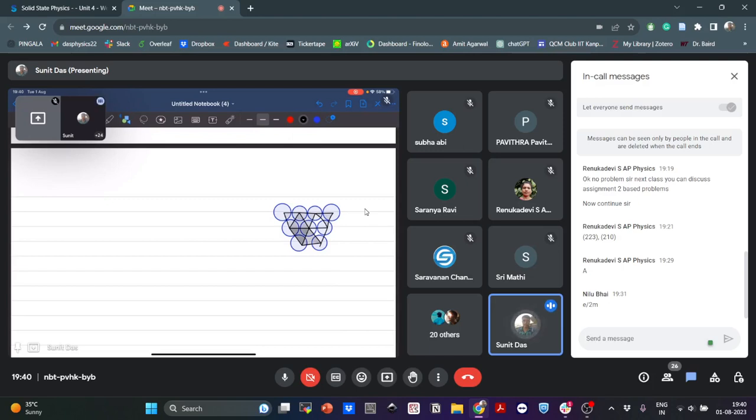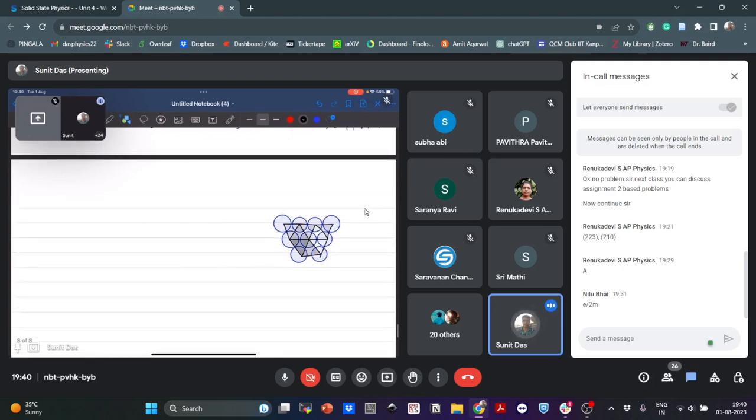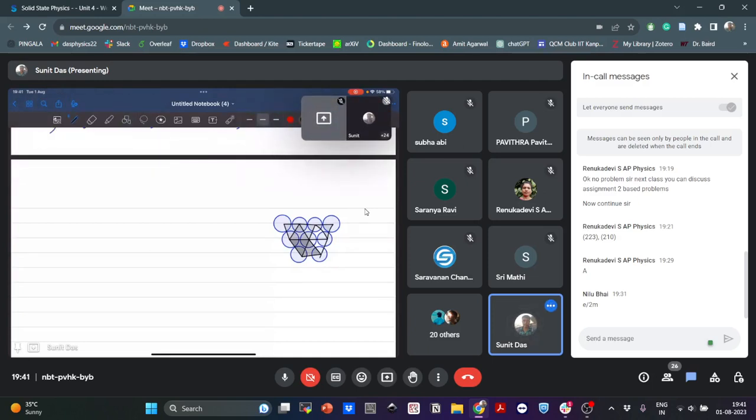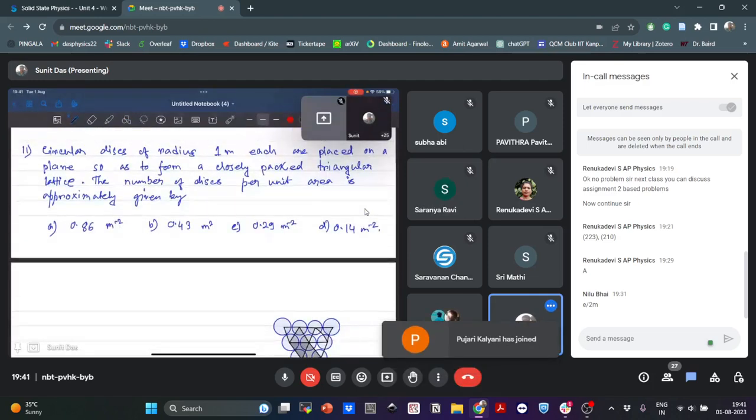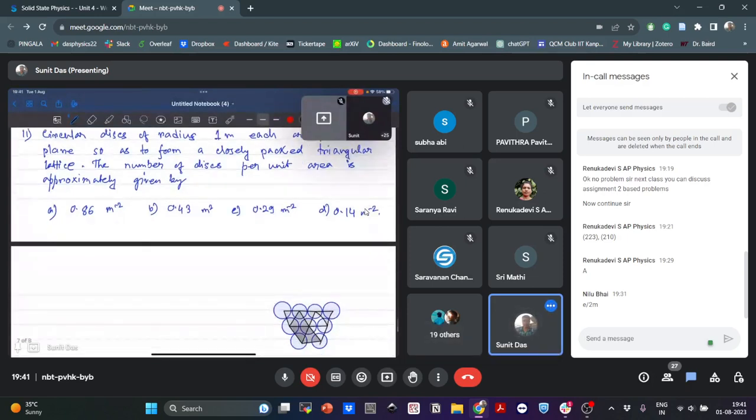The circles are supposed to be of the same size, and these form the triangular structure basically. So we need to find the number of these small discs per unit area.